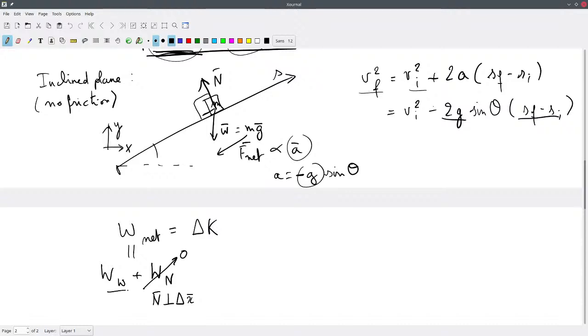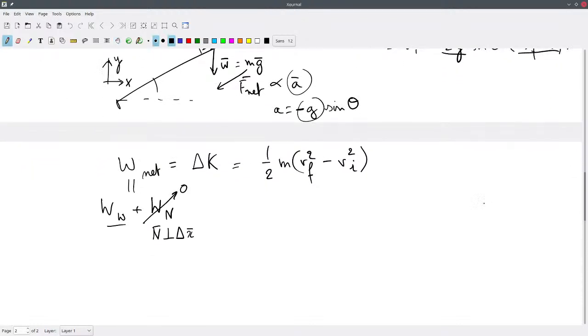The change in kinetic energy we can immediately write as 1/2 m (v final squared minus v initial squared), right? That's just using kinetic energy, taking the difference between the initial and the final state. So let's focus on our work done by the weight. That's going to be the force dot the displacement.